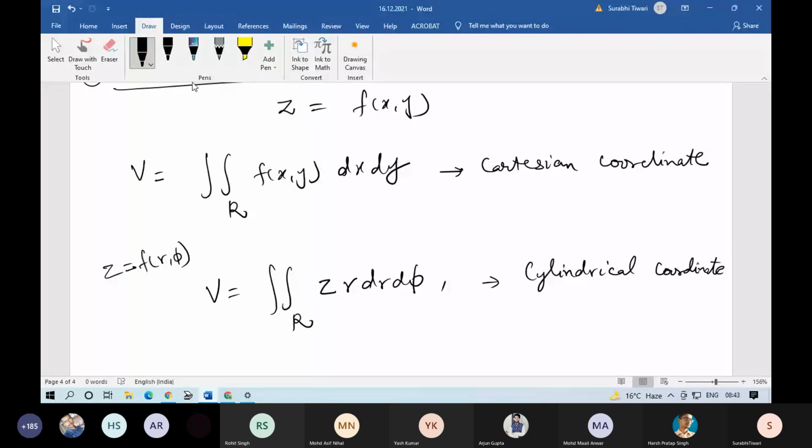Similarly, you can calculate in another coordinate system also by changing the independent variables.